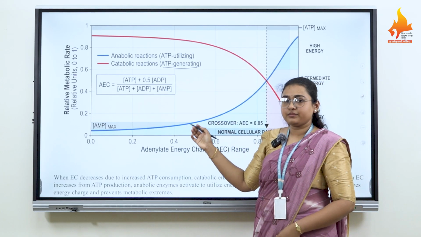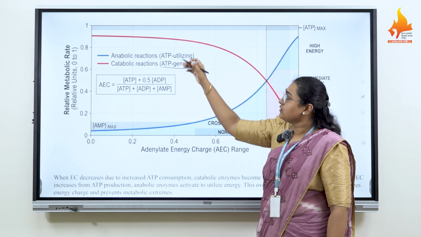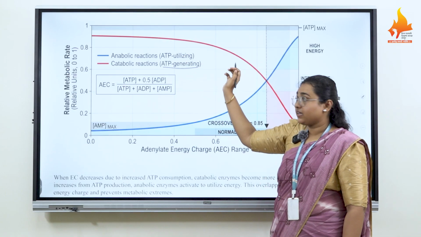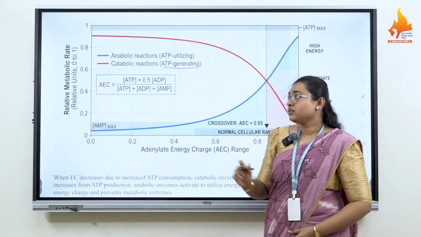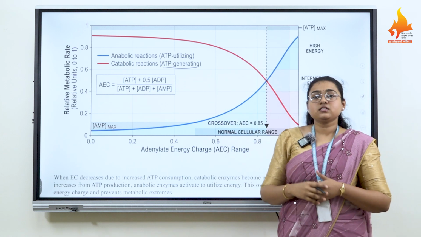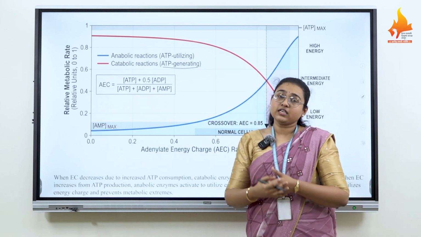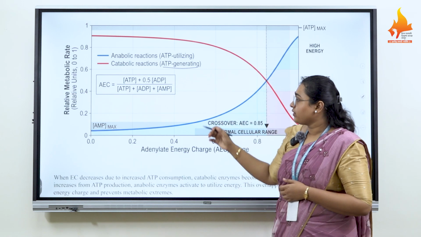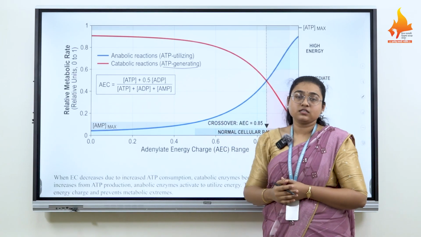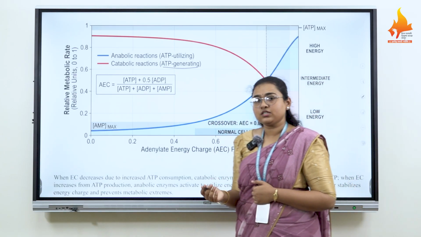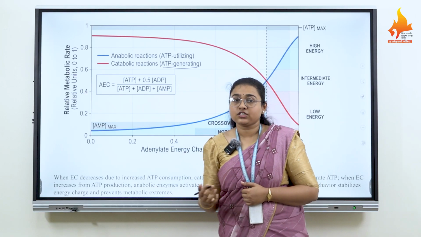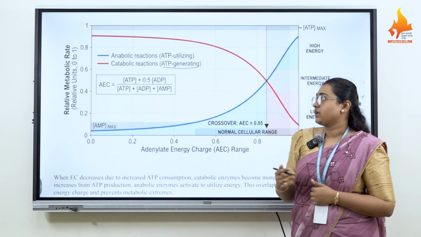In this graphical representation, the catabolic reactions are shown in the red line while the anabolic reactions are shown in the blue line. The catabolic reactions represent the ATP generating, or energy generating, reactions, while the anabolic reactions represent the ATP utilizing reactions. There are different types of ATP generating and ATP utilizing reactions at our cytoplasmic level.